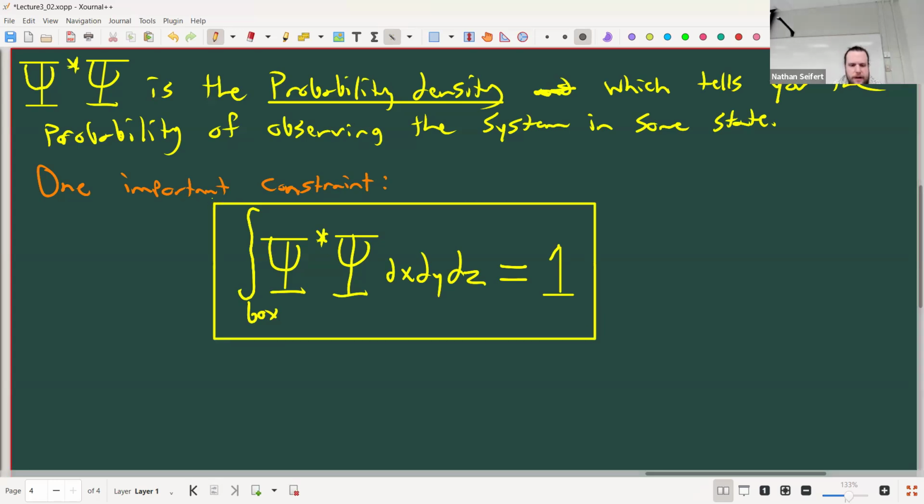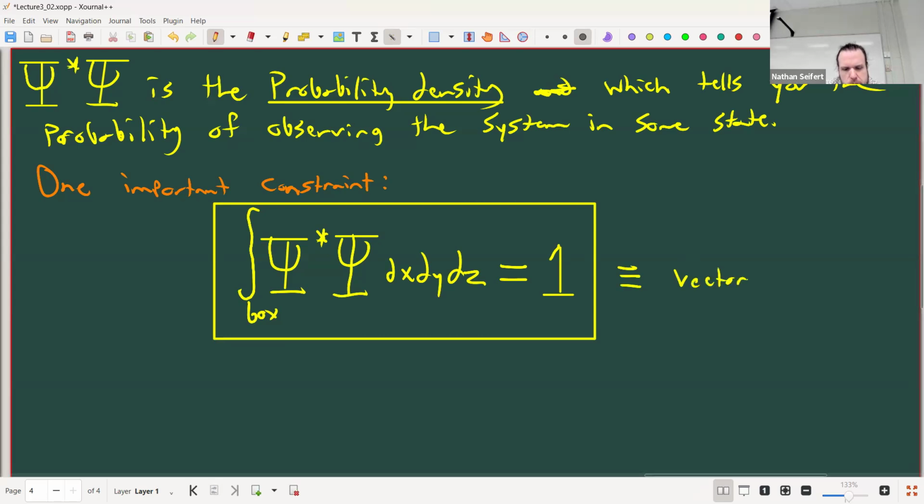This is the same thing. This is equivalent to saying the vectors of psi must be unit length. It's the same concept.